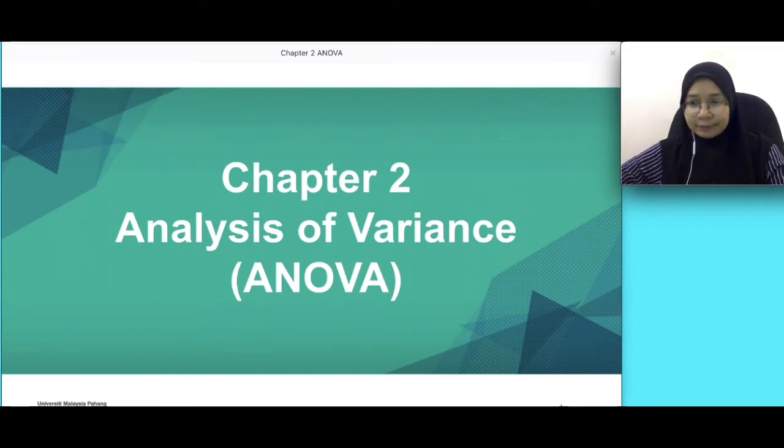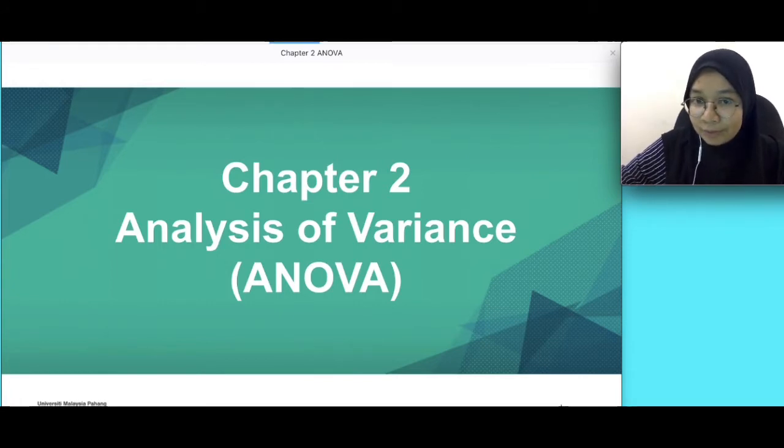In chapter 1, when you want to compare two population means, for example you have mu1 and mu2 and you want to compare the similarity between these two, you can use hypothesis testing, right?